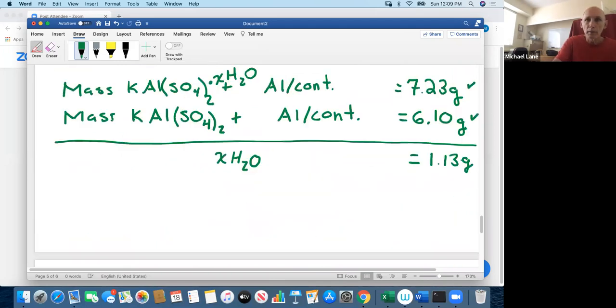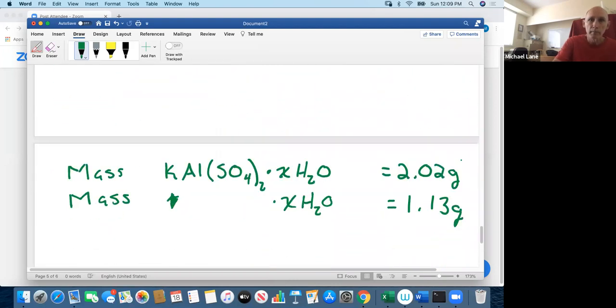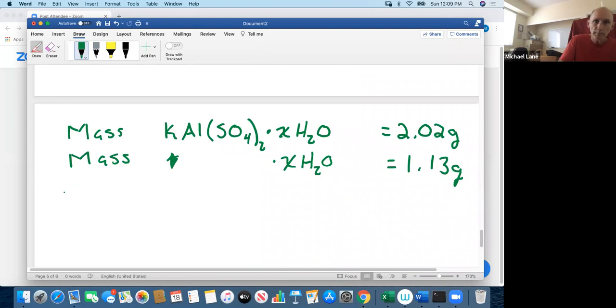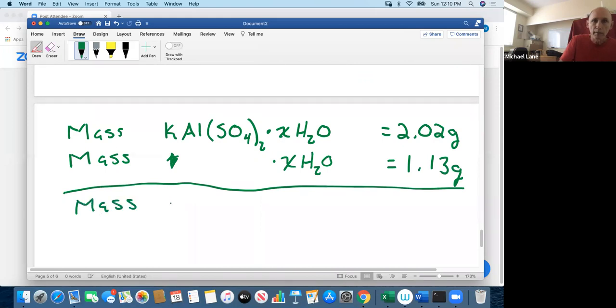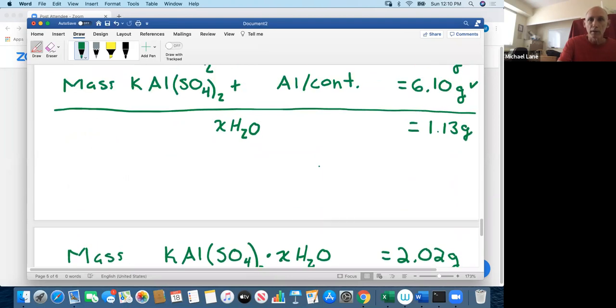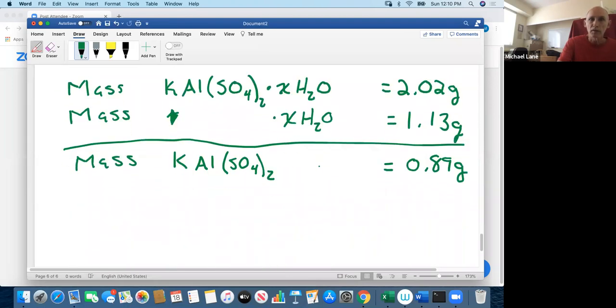Excuse me, I want to check something real quick. Yeah, we're good. So if I subtract these from one another, the mass of the potassium aluminum sulfate equals 0.89 grams, because the water cancels out in this algebraic representation. So I now have mass of water, mass of potassium aluminum sulfate.